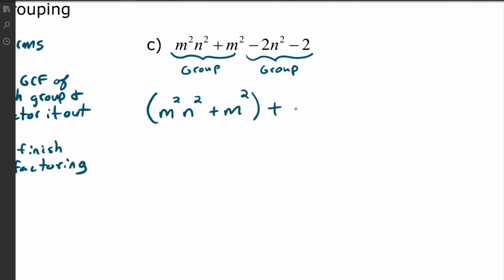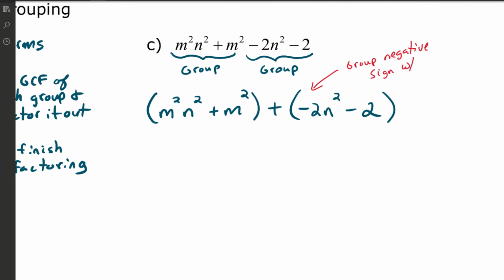But when you group the second set, you need to make sure the negative is inside the parentheses. So that's generally how I do these ones that have negatives. Group the negative sign with that second set, in this case, with the 2n squared. So the negative goes with that 2n squared.